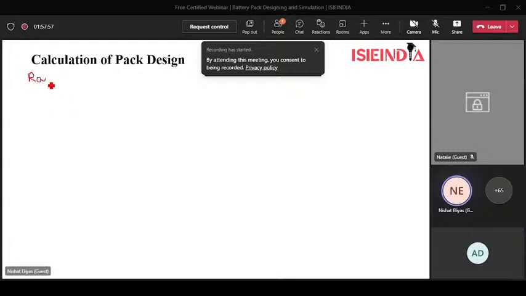Let us suppose that we are taking the range equal to 200, and the speed we will be taking as 50 kmph.